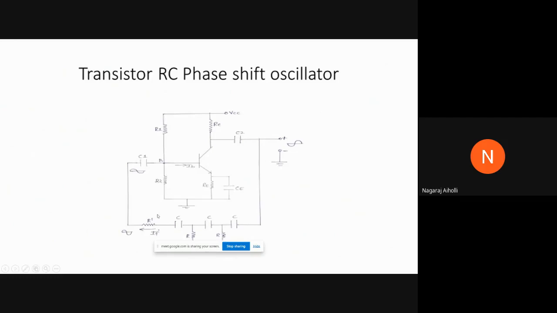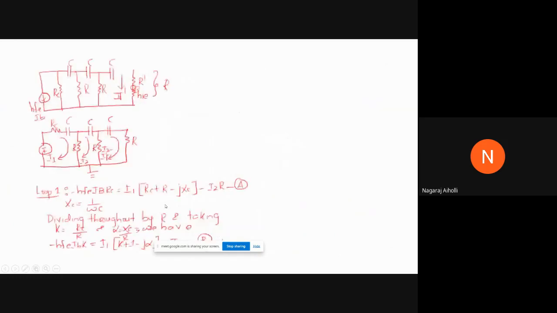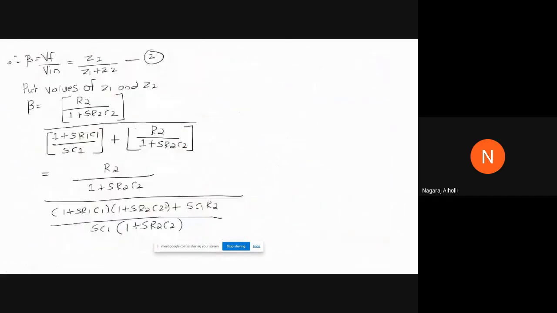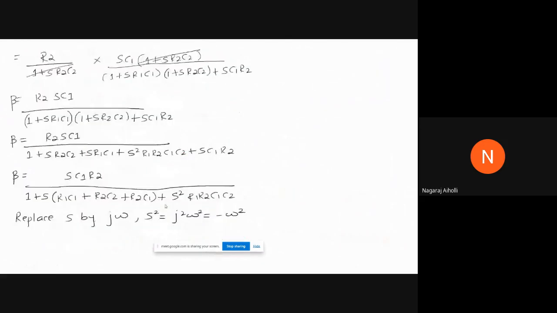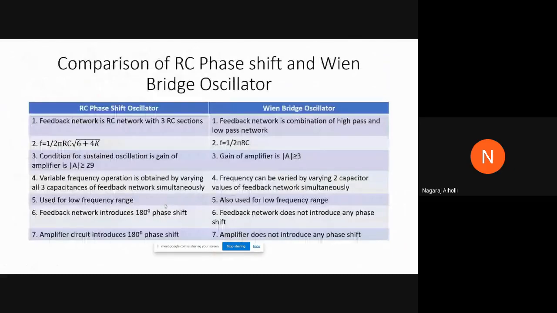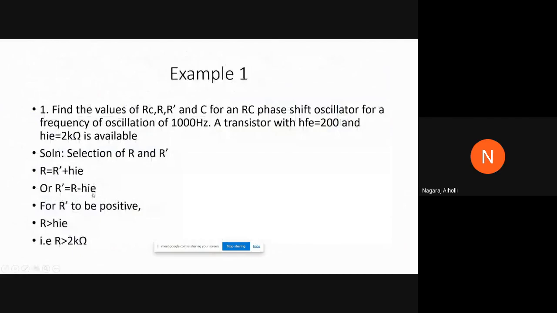So this total R dash plus hIE gives the total input resistance of the entire RC phase shift oscillator, and hence it is written in the solution that R is equal to R dash plus hIE, or R dash is R minus hIE.